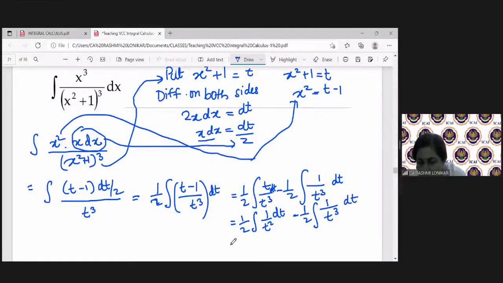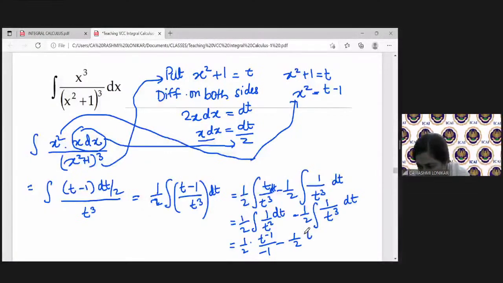Now what will I get over here? This is equal to 1/2 into t raised to minus 2. t raised to minus 2 plus 1 will be t raised to minus 1 upon minus 1, minus 1/2 times t raised to minus 3, which becomes t raised to minus 3 plus 1 upon minus 3 plus 1, that is minus 2. So this is equal to t raised to minus 2 upon minus 2, plus c.